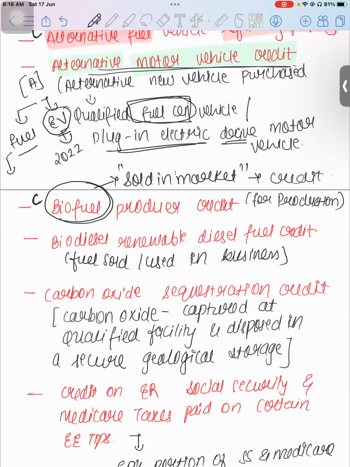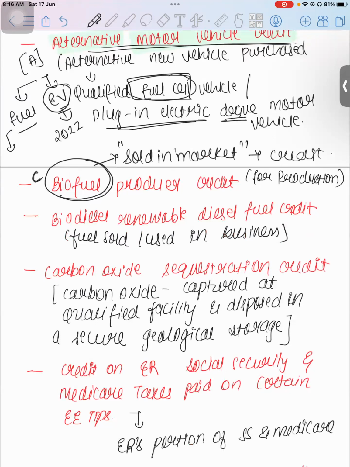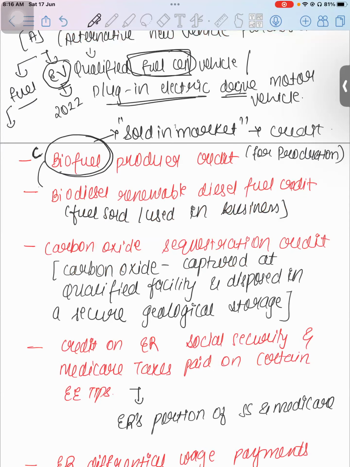Now, whatever amount they are earning from selling this biofuel, the whole amount they can take as a credit. Okay, next is the biodiesel and renewable diesel fuel credit. This is the same thing, using biomass.